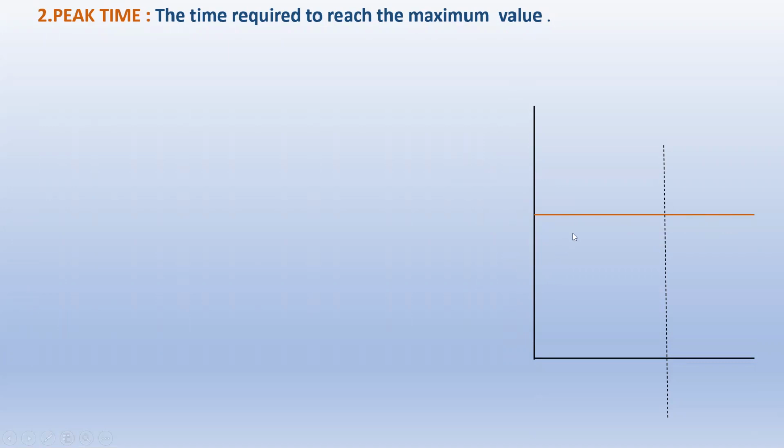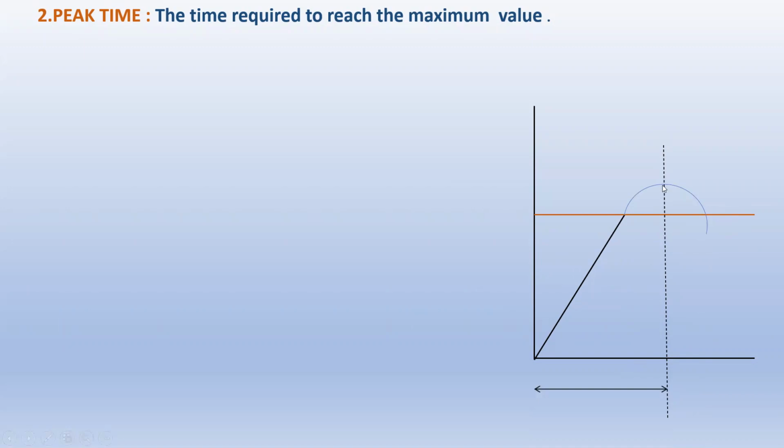The system wants to reach this steady state value in an oscillatory manner. It first starts from 0 and reaches 1, and then it continuously oscillates about this position. We saw the graph of this response in the last lecture.